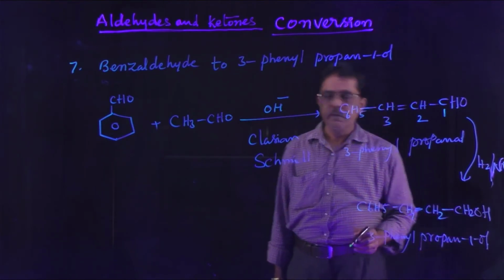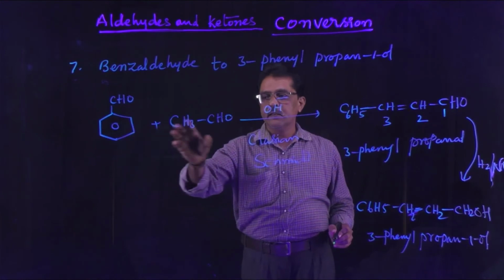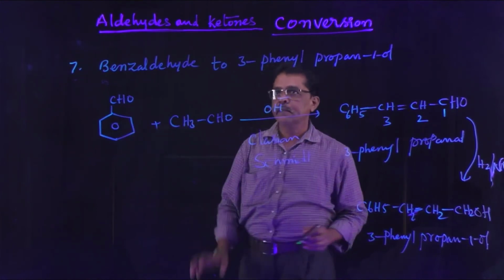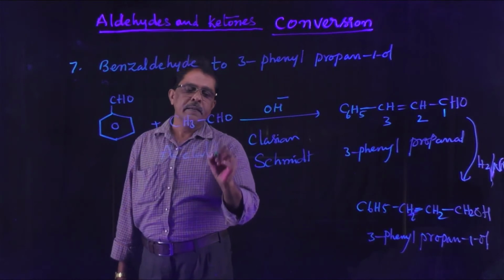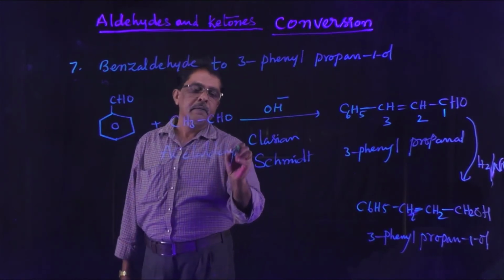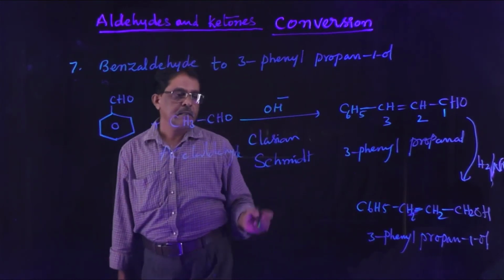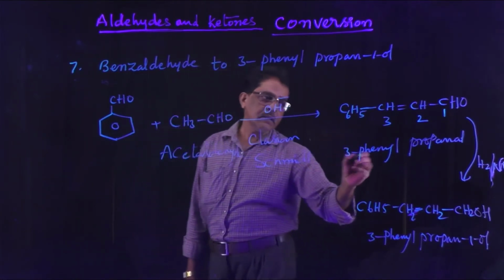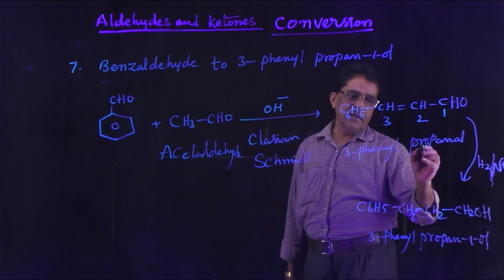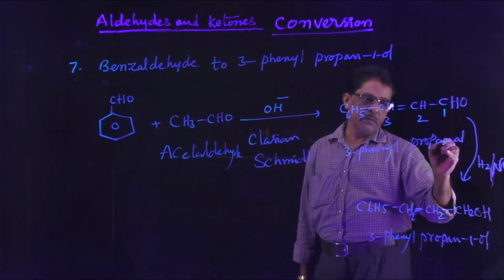Right, understand? So benzaldehyde reacts with acetaldehyde in the presence of base. This is the Claisen-Schmidt reaction. Then you will get 3-phenyl propanol.